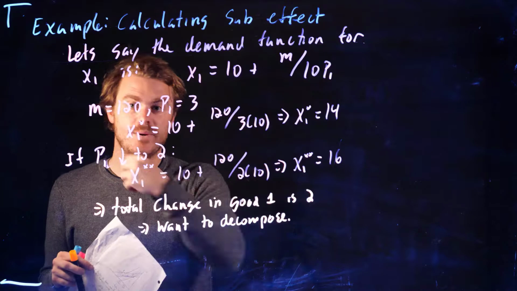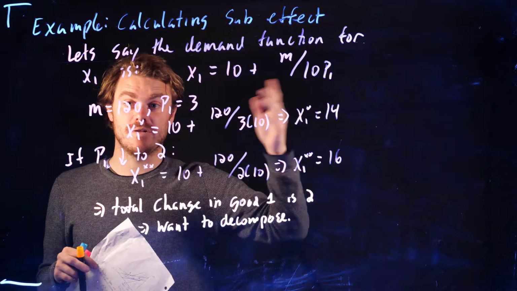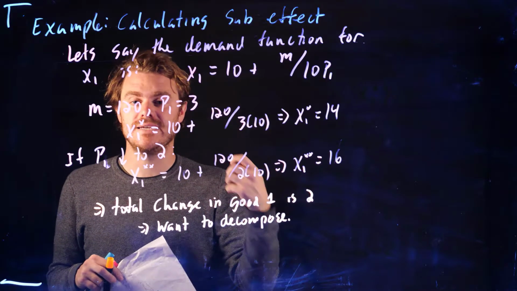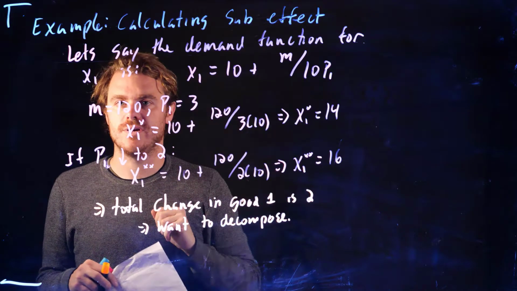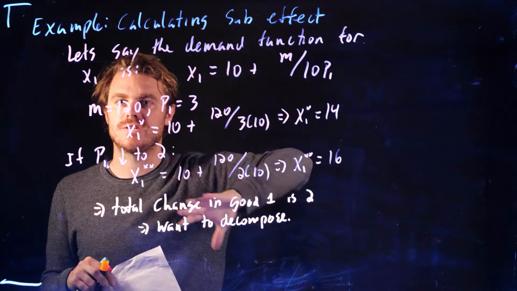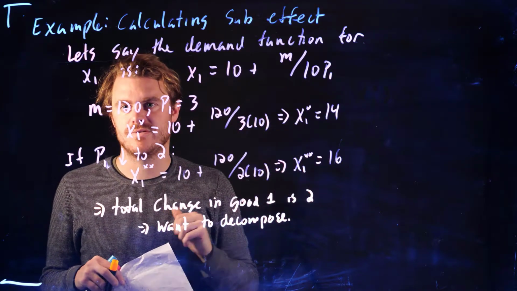The first thing we need to do, as we saw not too long ago, is figure out the new income we need to just afford the old amount of good one. So let's quickly erase this board, start there, and then calculate the substitution effect.